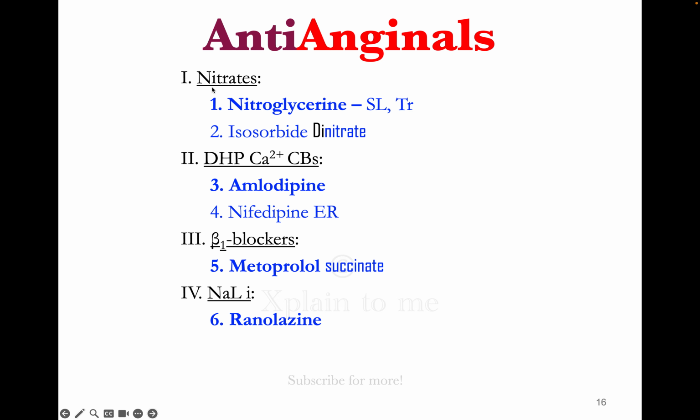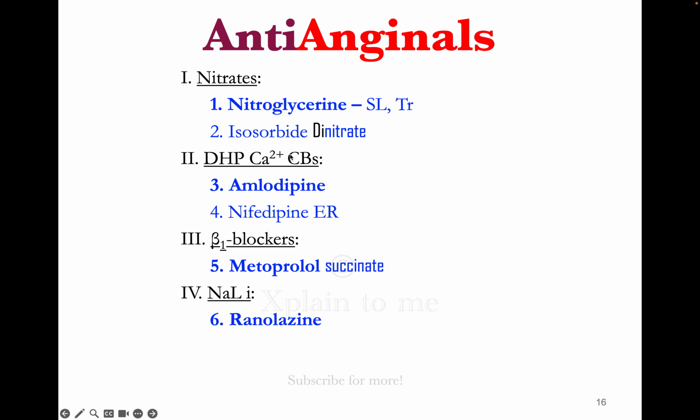But what is the big thing to remember? Big picture. Nitrates, you can use in all types of angina because that is a major symptom control. Quick action, 1 to 3 minutes: if something is working, that's the one you are going to go for. Dilating veins. Nitrates and dihydropyridine calcium channel blockers are targeting the blood vessels.